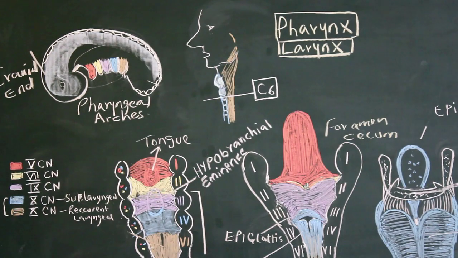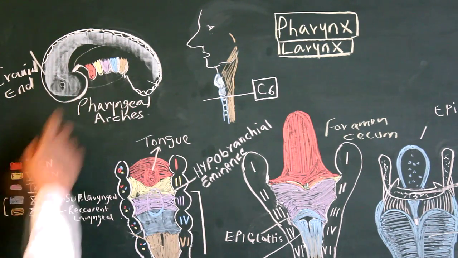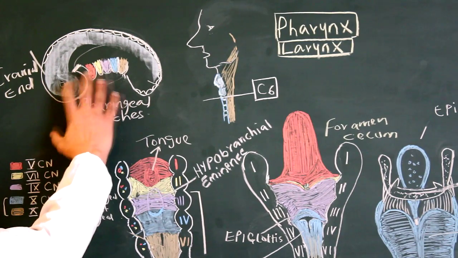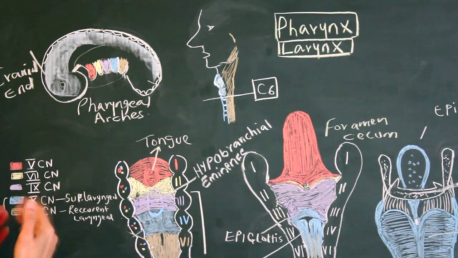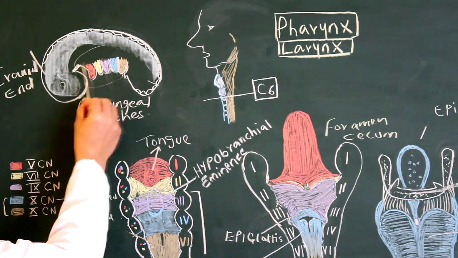So what happens is that during the 4th week of intrauterine life, or at the end of the 3rd week, the embryo, especially the cranial end of the embryo, shows small bulges in the region of the future neck.